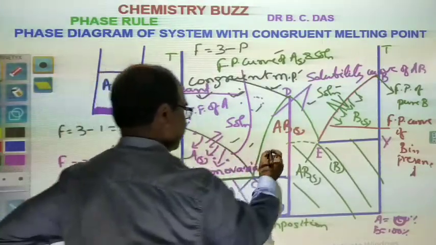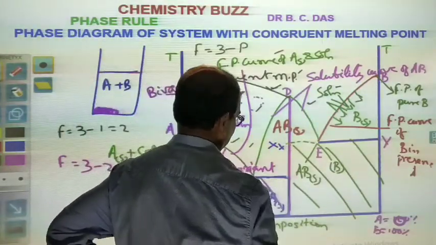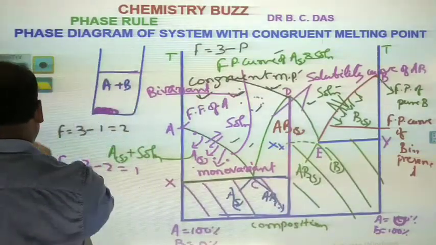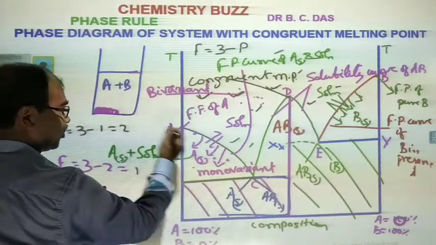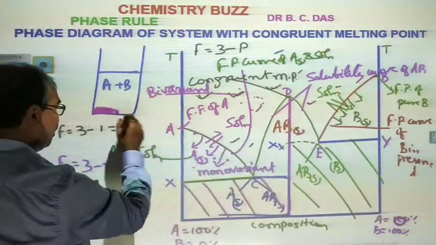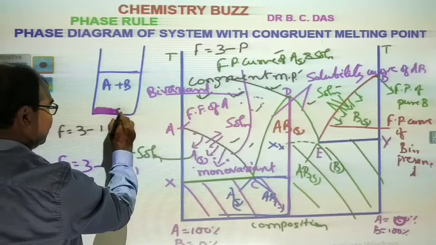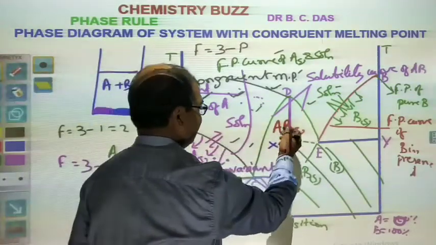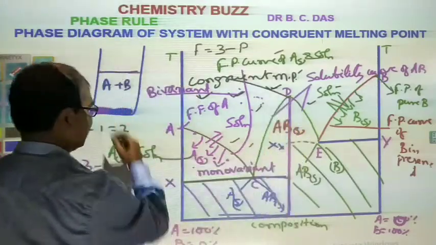So any point you take on the curve is a monovariant, and in this region also, we have the solution and the solid form AB here. So the AB and solution coexist in the container.